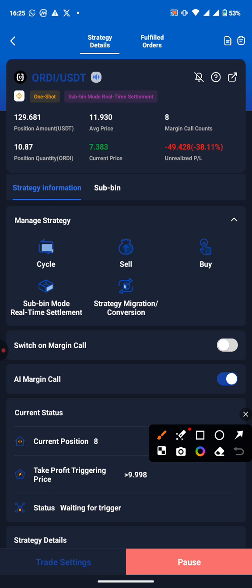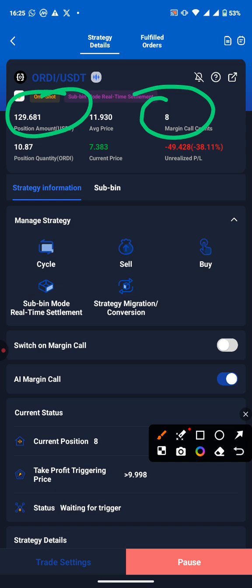Whenever you're setting your robot, how many margin calls are you giving it? Which commands are you giving this robot? Currently, the robot has bought more of this coin without my notice, but I gave it commands. The robot follows your commands. Currently, I'm trading $120 into this coin.